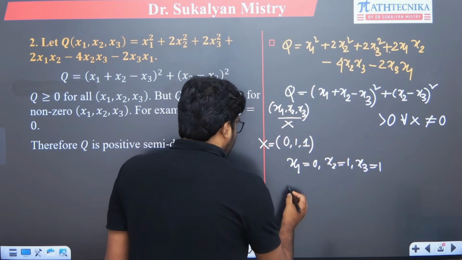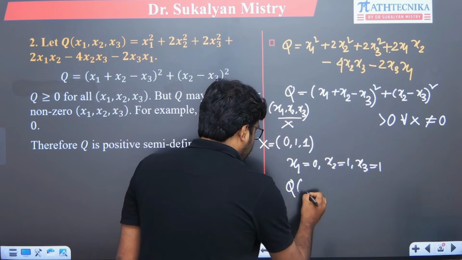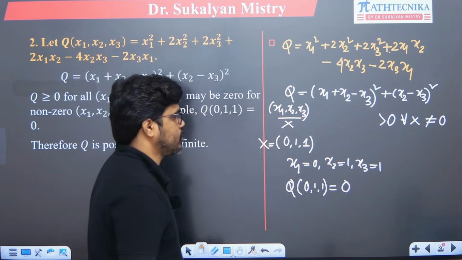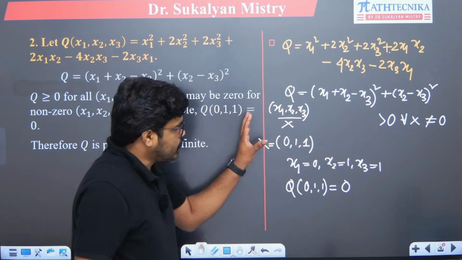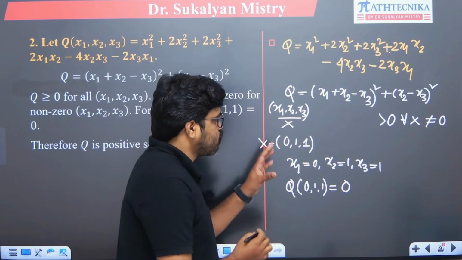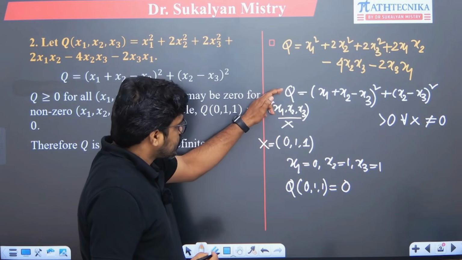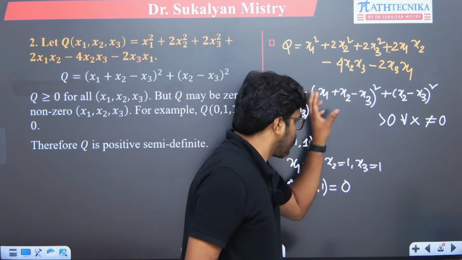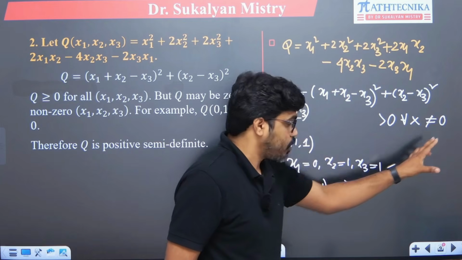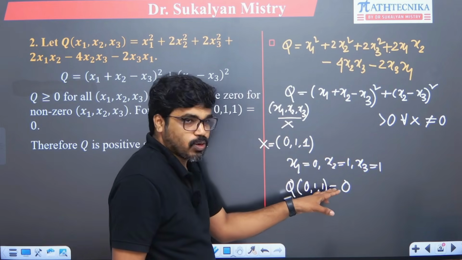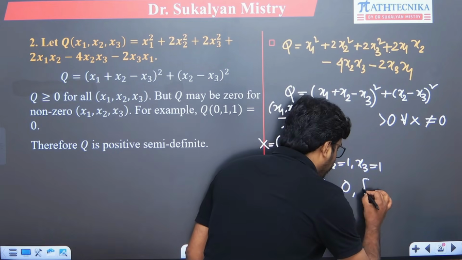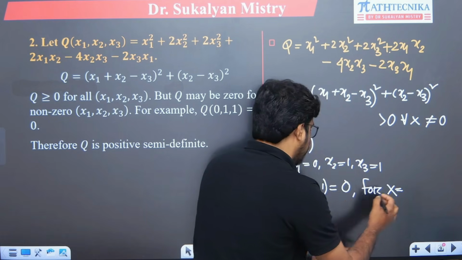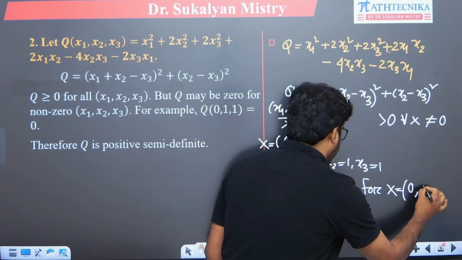That means q of (0, 1, 1) is 0. Understood? Ultimately, what do we get? q is greater than or equal to 0 for all x, but q is 0 for some x not equal to 0. What is x here? x is (0, 1, 1).